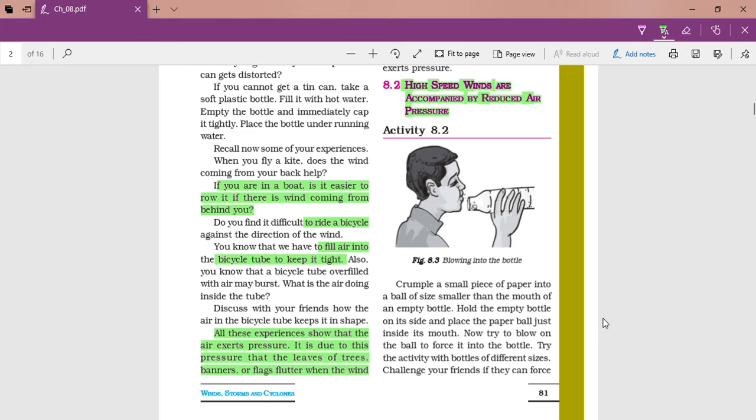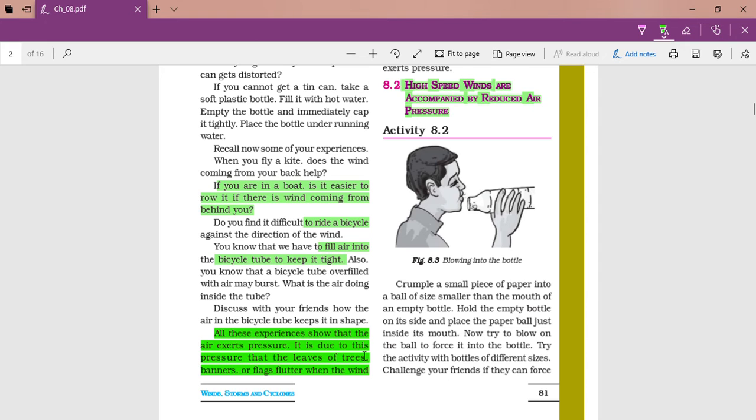So the warm air rises up and the cool air from the surroundings moves towards the sea. The fast moving air blowing over an object helps in lifting the object up by producing a region of low pressure above it. This can be shown by the following activities.